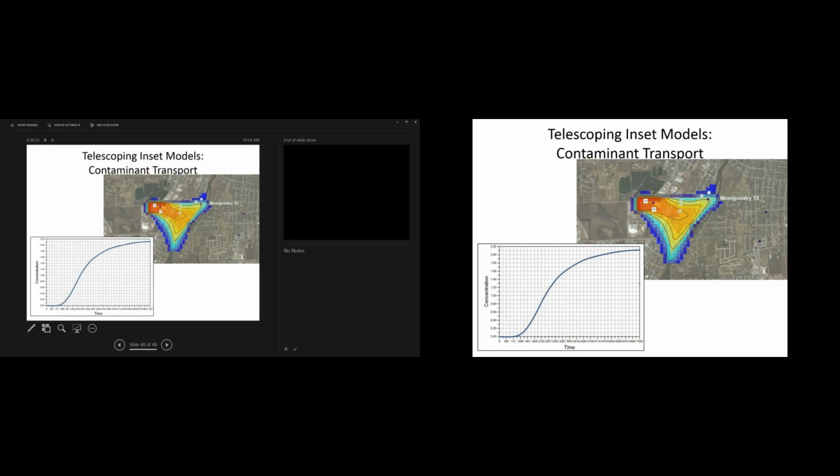We looked at, if there was a contaminant plume coming from that plant, what would the concentrations be in Montgomery 13? So we took our existing model, telescoped it down, and made a transport model so IEPA could look at concentrations of this contaminant that were showing up in Montgomery Public Well number 13.